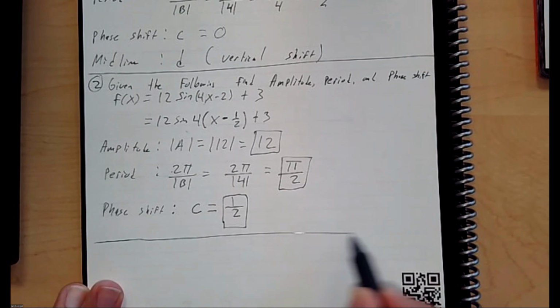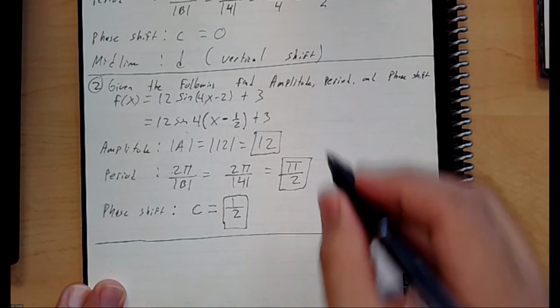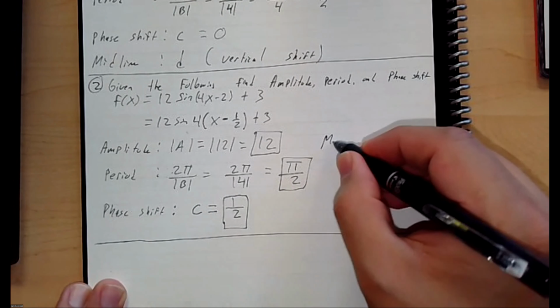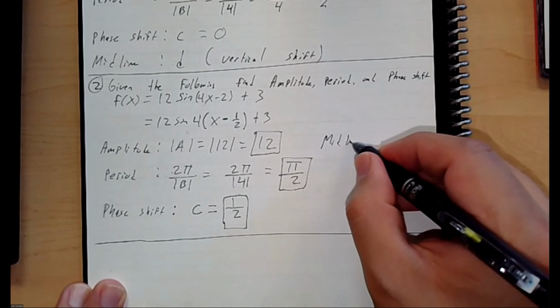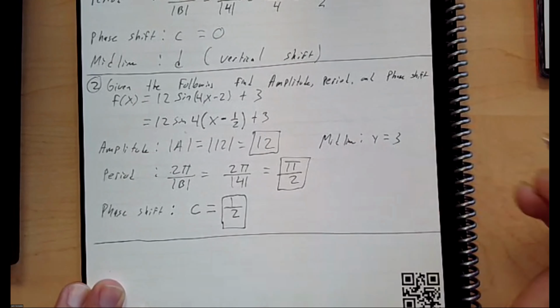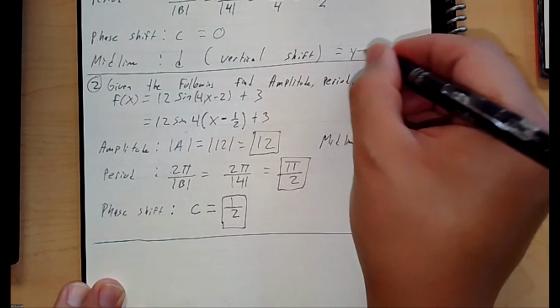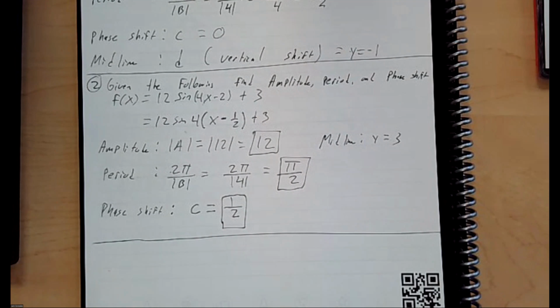So on number 2, the midline is y equals 3. This one would be -1. That's whatever number is outside by itself. That's the midline part.